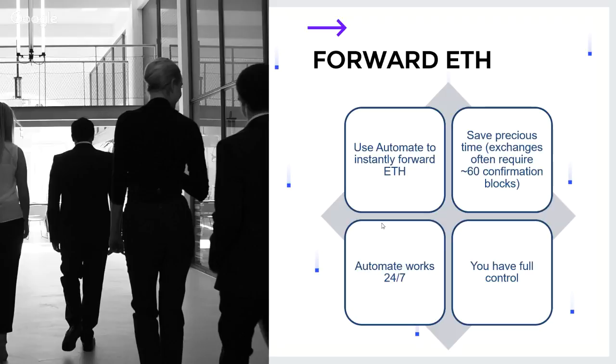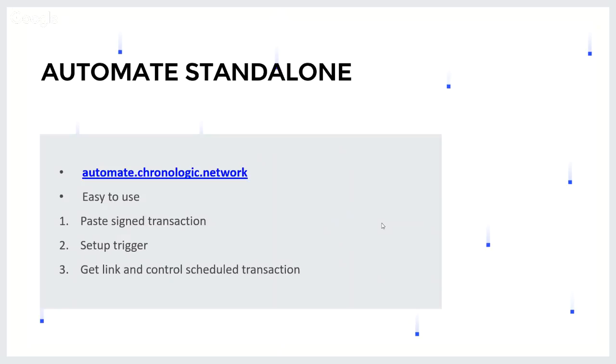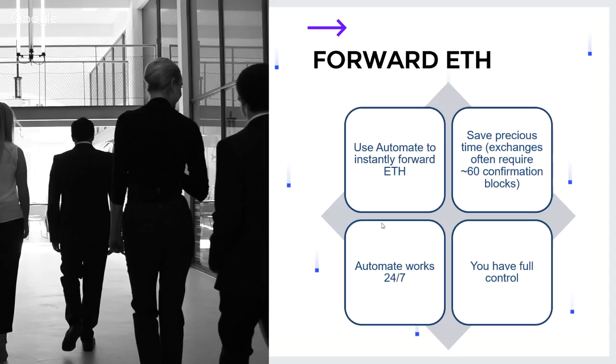Maybe you have a need to use that, or maybe it's one of your friends. When you hear someone talk about having some problems with, for example, forwarding ETH, you will be able to point them to Automate. So this specific use case is about forwarding ETH, and you can use Automate for that.